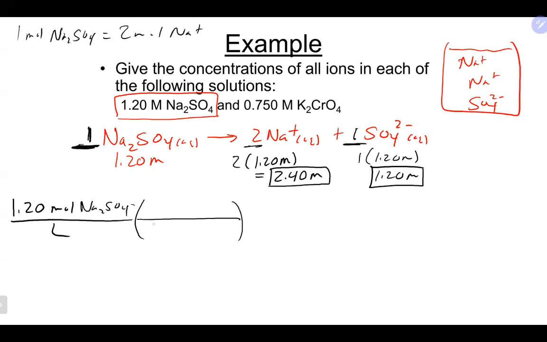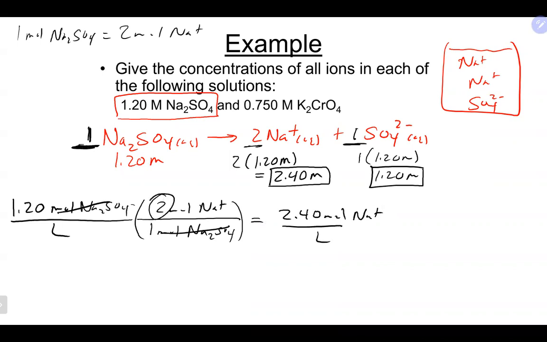So 1 mole of the whole thing gives you 2 moles of the sodium ions. Moles of the whole thing cancel, and we end up with 2.4 moles per liter of just the sodium ions. Hence the multiply by 2 part. That's the shorthand for not doing the stoichiometry part of it.